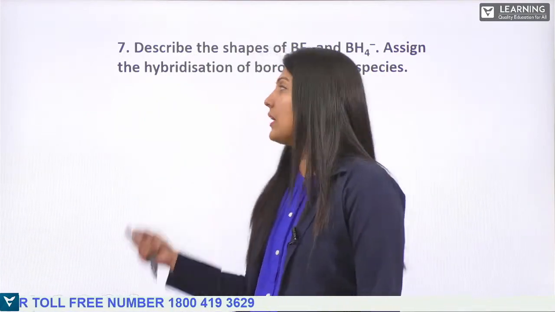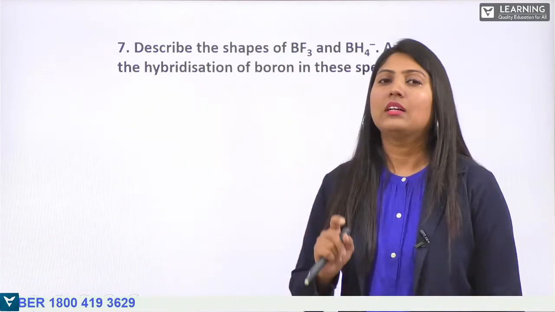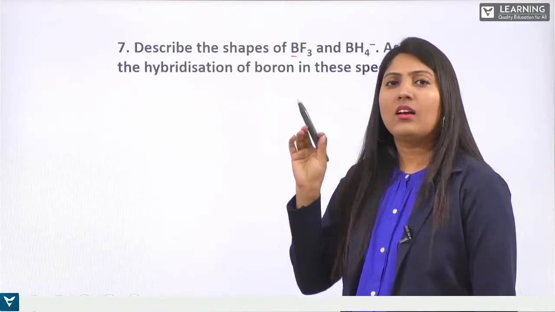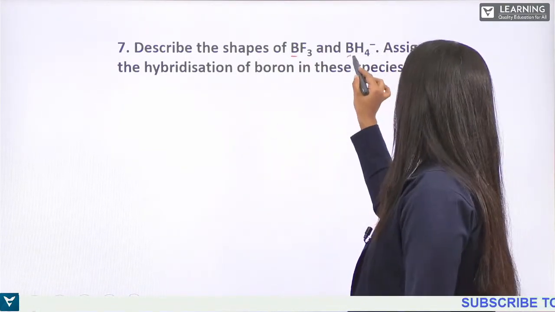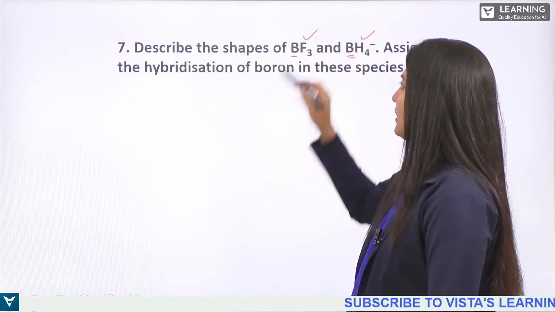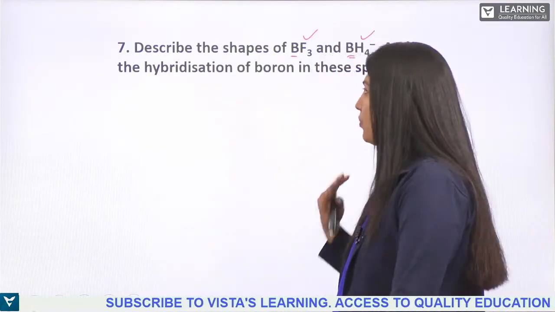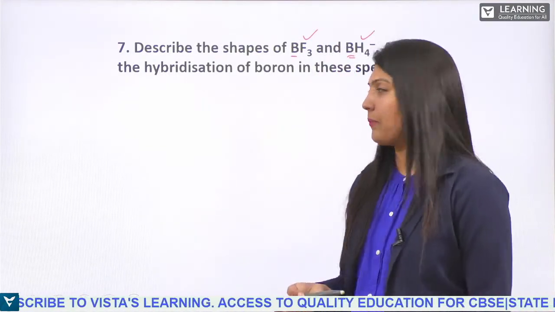Got it? So sp2 will be for 3 ligands. Boron is the central atom in both. So this is 4, this is 3. If it is 3, sp2. If it is 4, sp3.